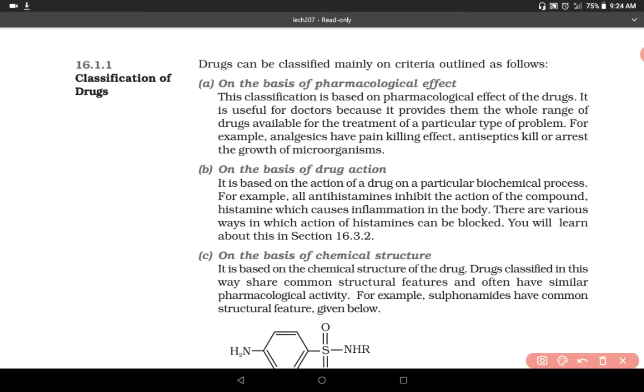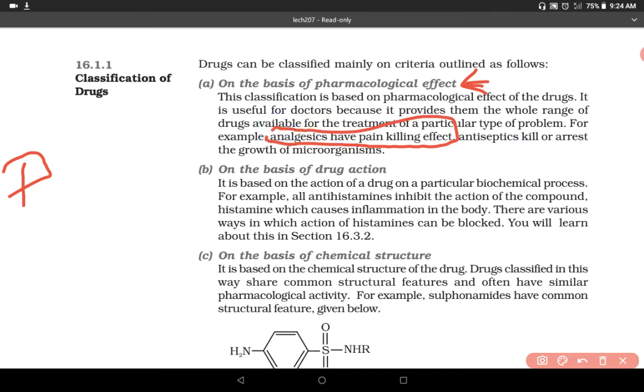Okay, on the basis of pharmacological effect, let's denote it by P. This classification is based on the pharmacological effect of drugs. It is useful for doctors because it provides them the whole range of drugs available for the treatment of a particular type of problem. For example, if you have some pain, then you will take analgesics. The doctor suggests analgesics.